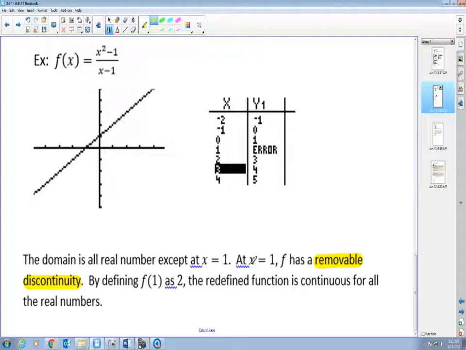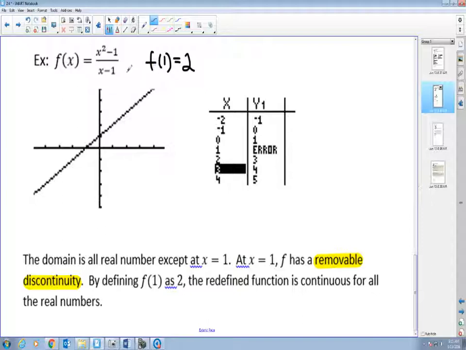However, this time at x equal to 1, my function f has a removable discontinuity by defining f of 1 as 2. What that means is I can redefine this function so that at x equal to 1, my y value will be 2. So the redefined function is continuous for all real numbers.